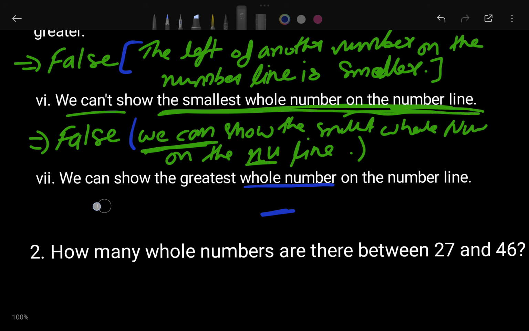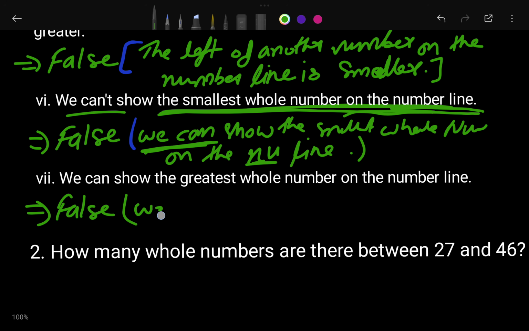So this statement is false here. So what we have to write? We have to write false. Why did I write false? Because this question is telling we can show the greatest whole number on the number line, but it is not possible. So we have to write this statement is false.